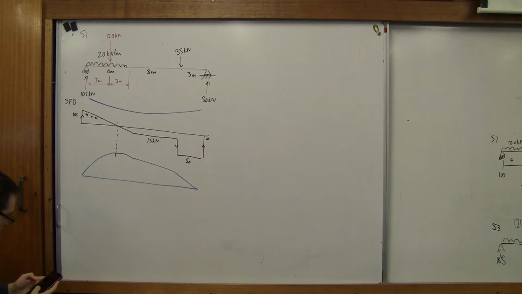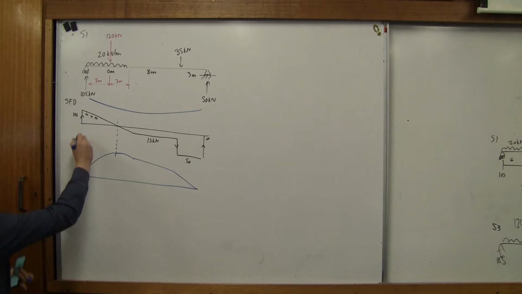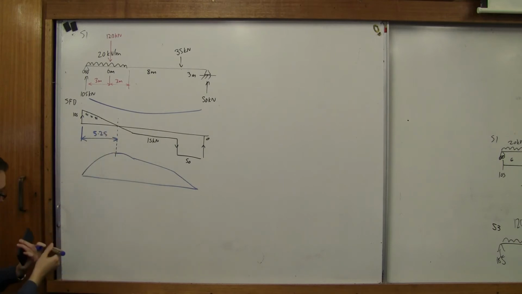I'm getting a calculator out. 105 divided by 120 times 6 will give us 5.25 metres is where we're going to have our maximum. You don't need to worry about how I found that. That's beyond the HSC level.